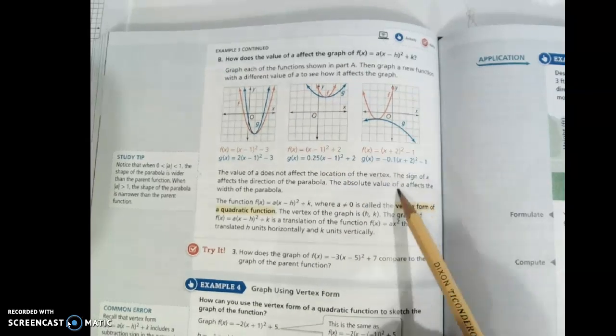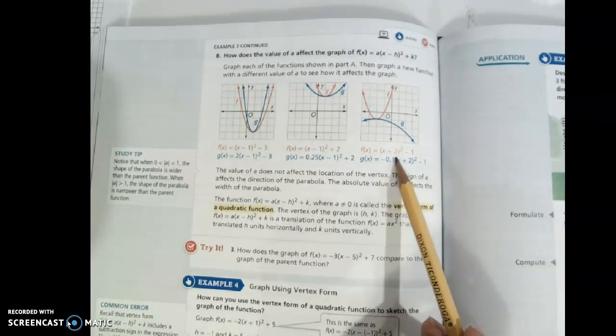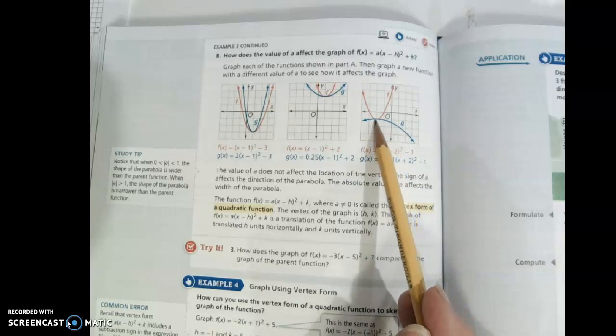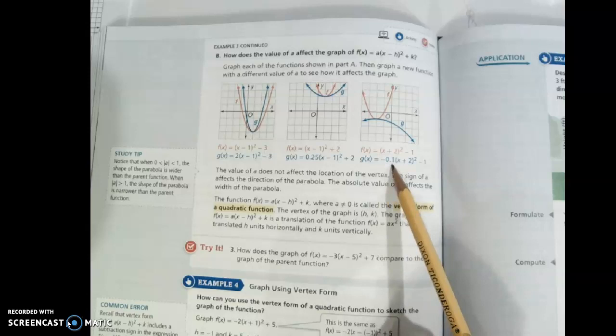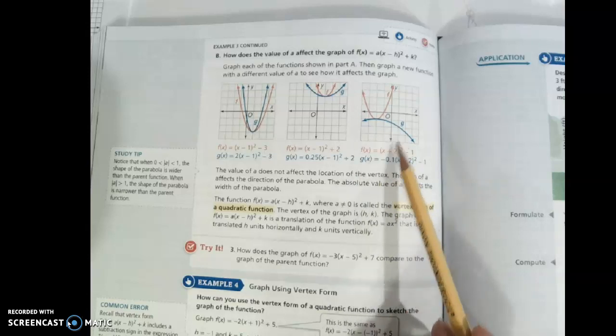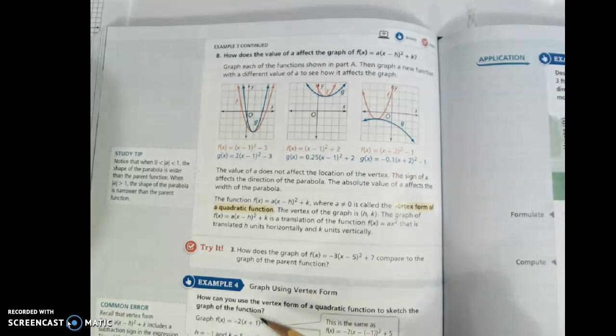On the last one, what happened here is we have a vertex of (-2, -1), which is right here. And we multiplied by a fraction, which made it wider, which it did, but it's also negative, and that's why this one is flipped upside down. So if you can remember those things, you can tell what a graph has done from the parent function.